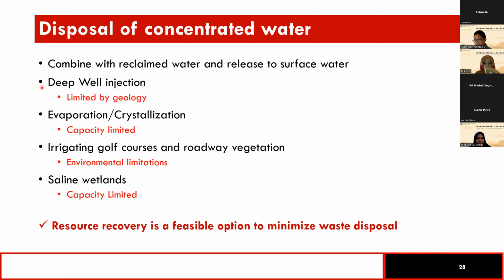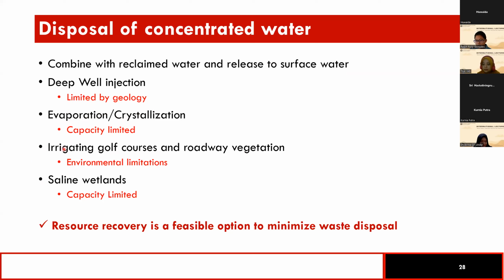Typically, this is combined with reclaimed water and released to surface water. Previously, it was also injected into the deep well, but this is limited by geology. Some processes also involve evaporation and crystallization. We just want to have solids and no liquids, but this is quite energy and cost intensive.